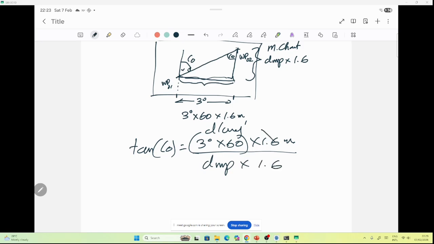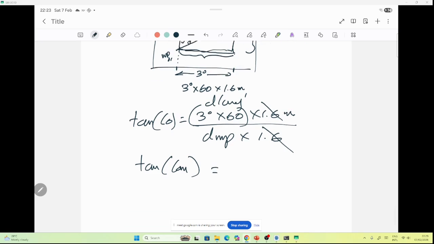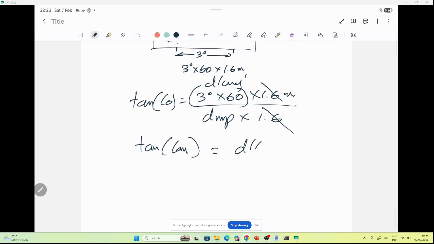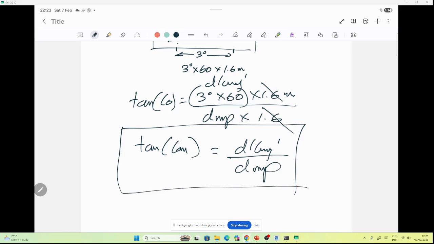Now you can see we don't need the longitude scale, because automatically it will cancel and you will get your answer as tan course equals d long in minutes divided by dmp. So this is the Mercator sailing formula. Are we clear? Yes, sir.